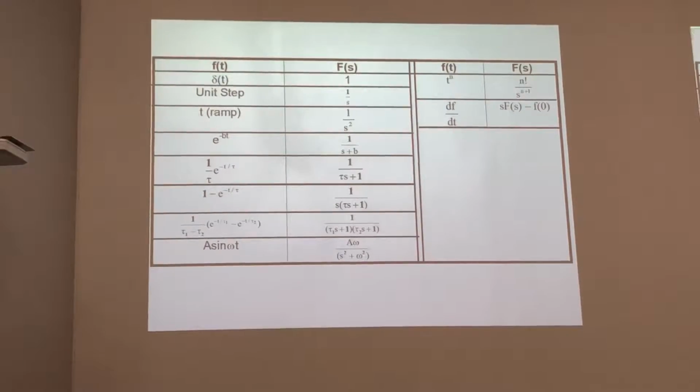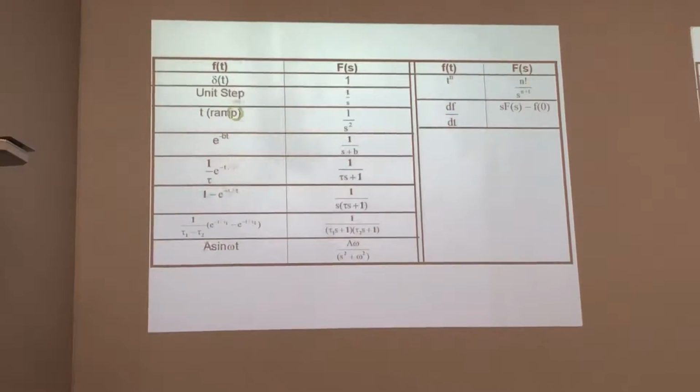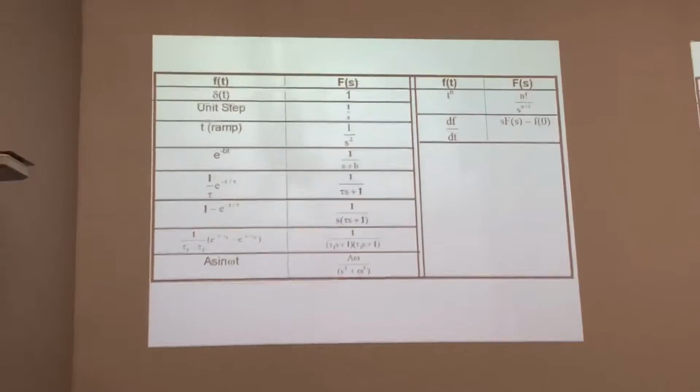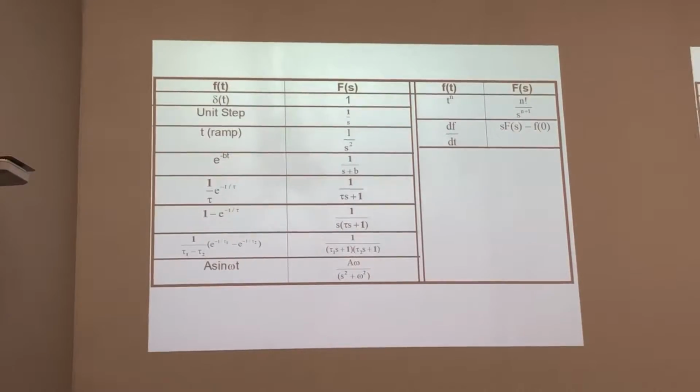Yesterday we learned about Laplace transform, right? An important part is this table. This side is the table for the function, and your right hand side is the function after Laplace transform.